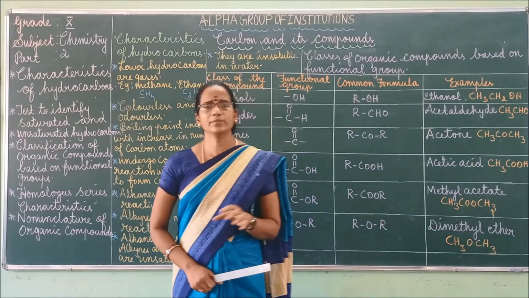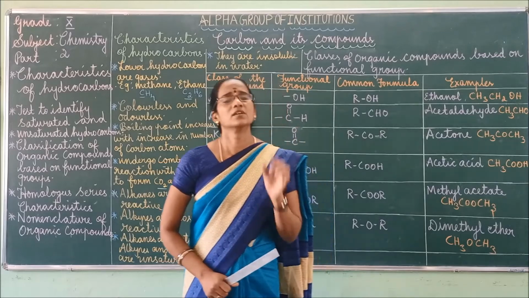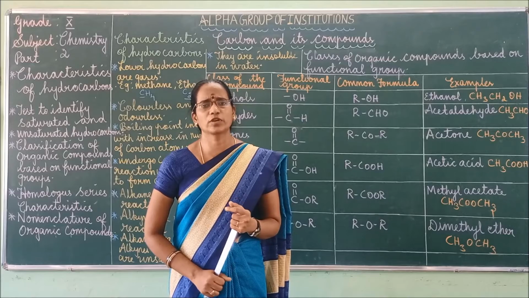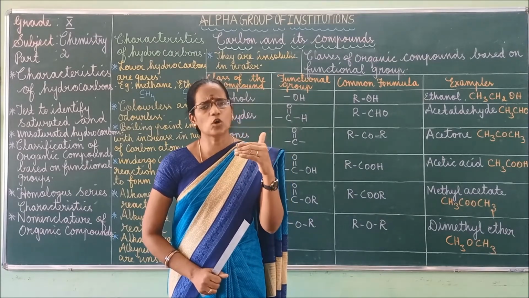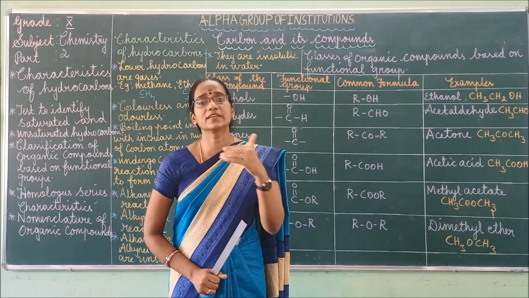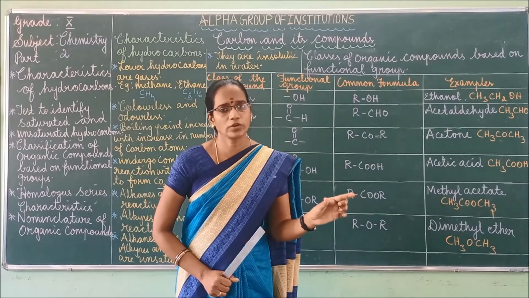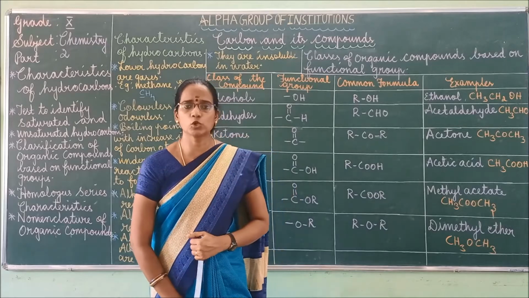At the same time, some atoms or group of atoms make the compound more reactive, and these atoms or groups of atoms decide the chemical properties of that organic compound. These groups are called the functional groups.